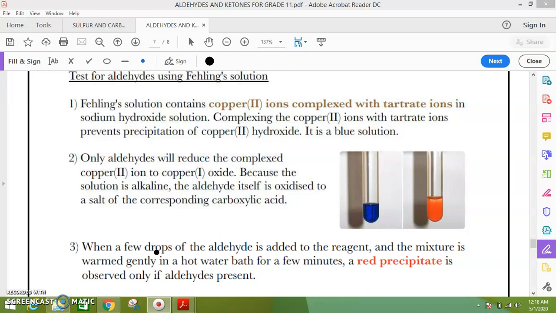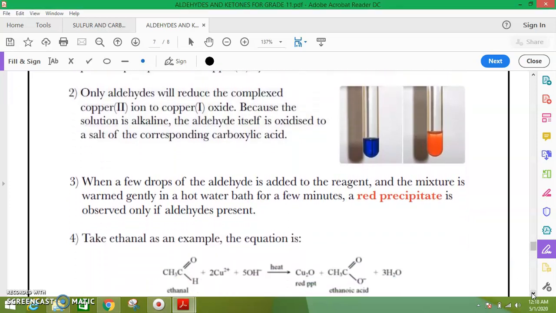So what will happen when a few drops of aldehyde are added to the reagent? The mixture is warmed gently in a hot water bath for a few minutes, and a red-orange precipitate, or simply a red precipitate, is observed. It indicates that aldehyde is present.